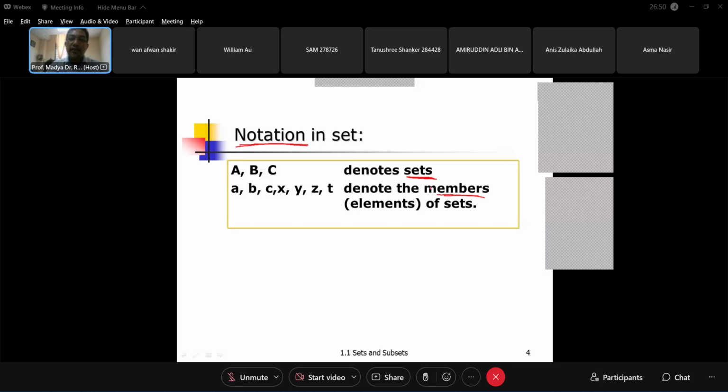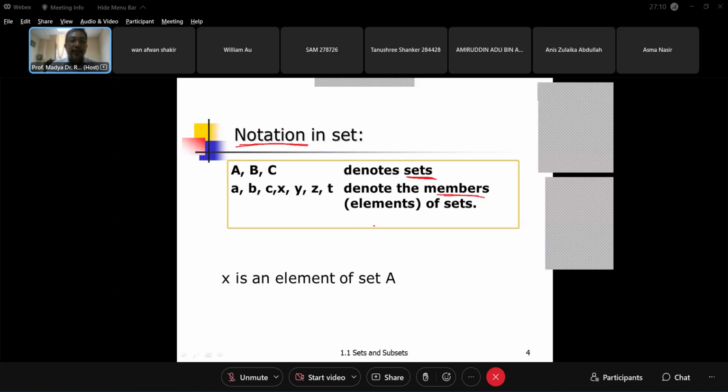If you read any maths book, once they say notation or notasi, it means there are two things: first, the description, and second, the symbol.